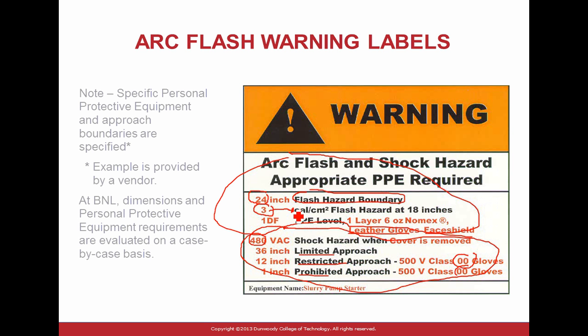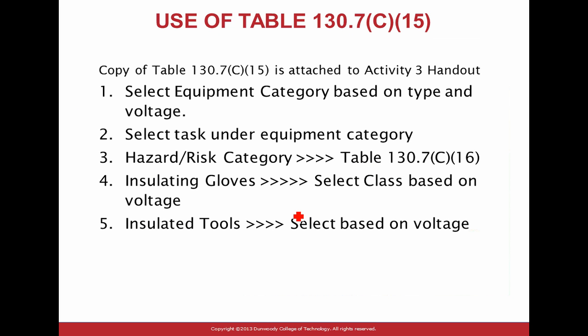Yep, that's level 1, category 1, and the 6 ounce layer and the leather gloves. I assume PPE level 1 is category 1, definitely. But I'm not sure what 1 DF is. But PPE level 1 is category 1, which takes you up to 4 calories per centimeter squared.